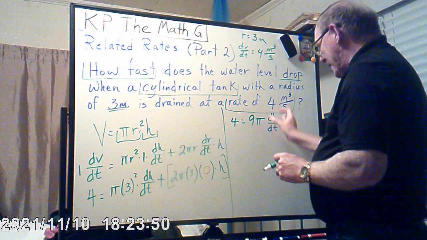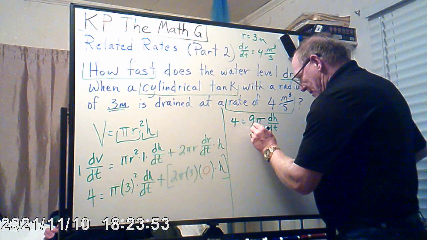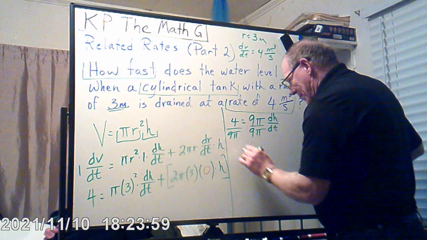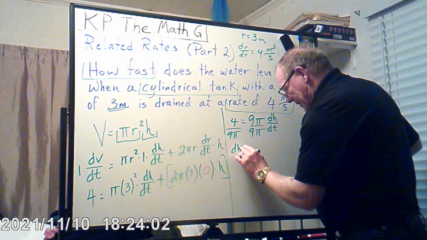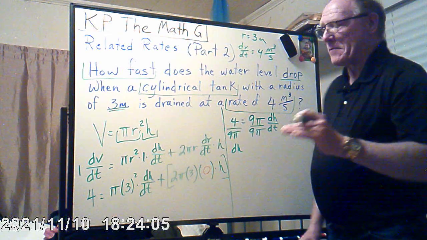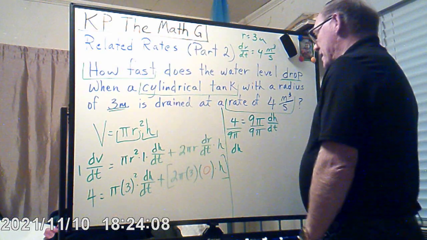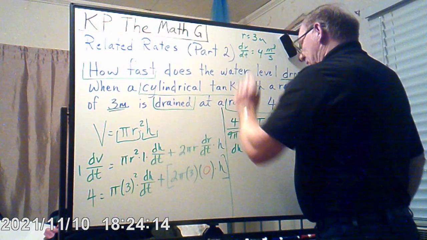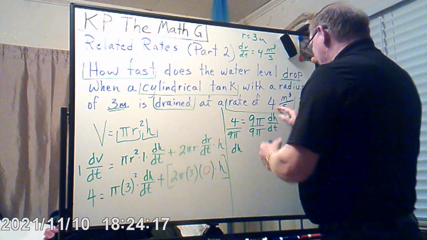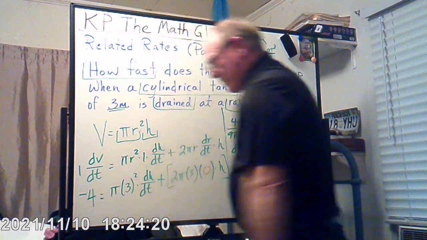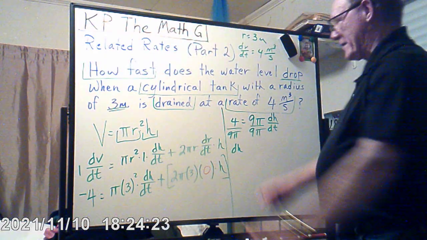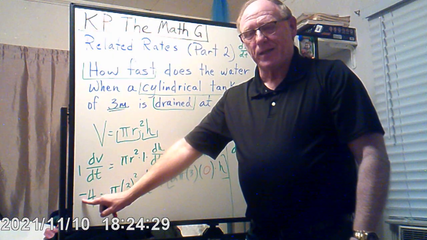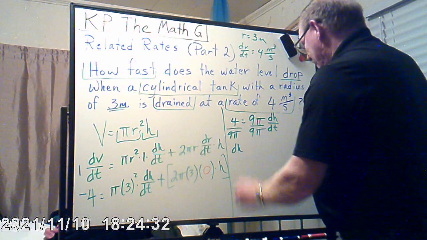Now I just need to solve for dh over dt. So I'm just going to divide both sides by 9 pi. And lo and behold, dh over dt, and by the way, I made a mistake. This is drained at a rate. It's going down, it's draining at this rate. And this means if the water level is dropping, then we have to make this negative, which means that this 4 is negative.